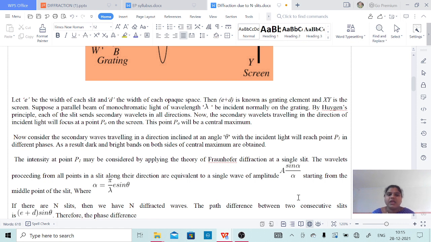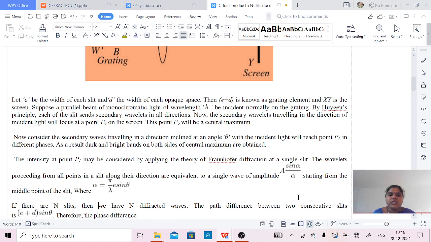Now the intensity at point P1 may be considered by applying the theory of Fraunhofer diffraction at a single slit. Due to a single slit we get only a diffraction pattern, and with a double slit we get both interference and diffraction patterns. Here also the same theory is applicable.